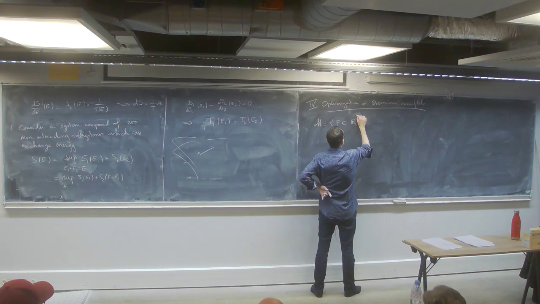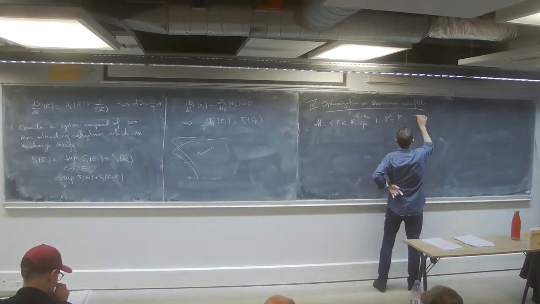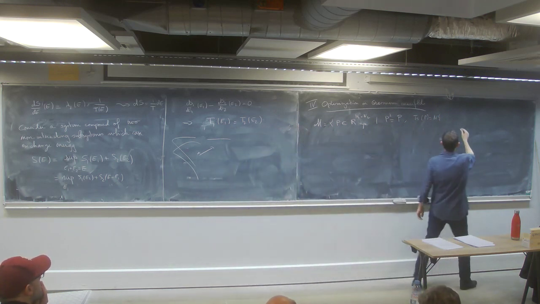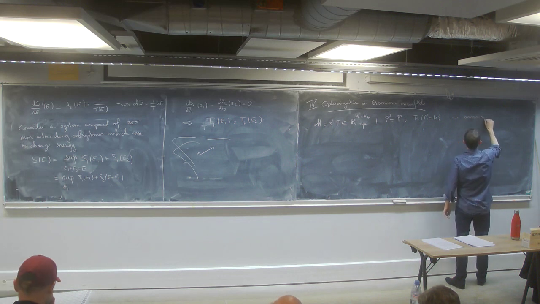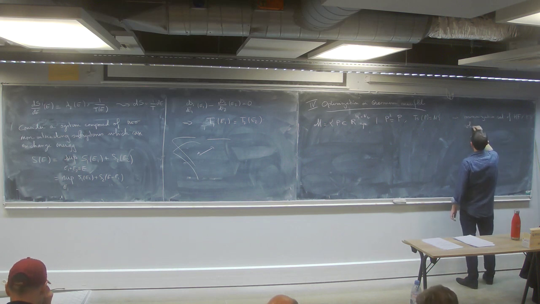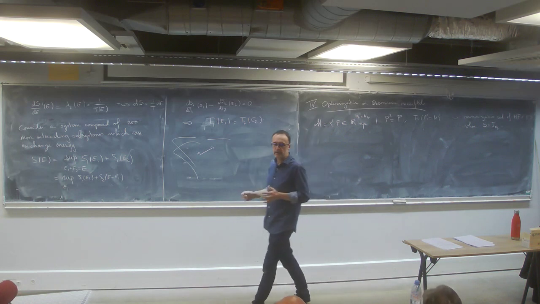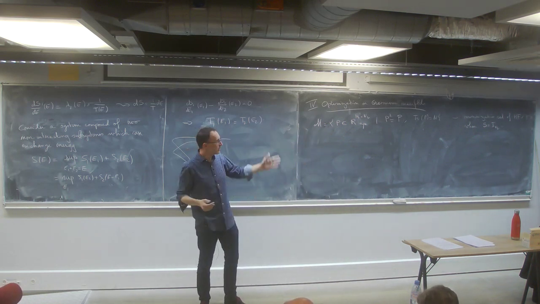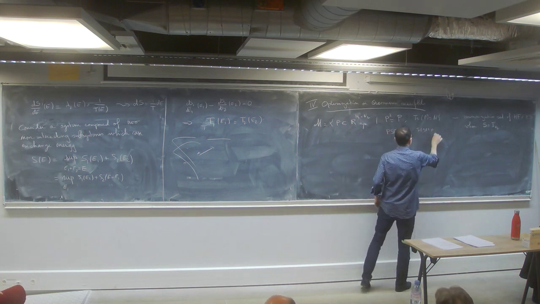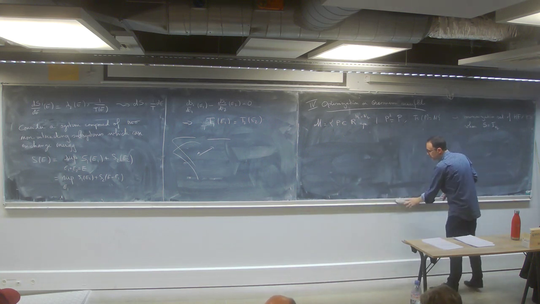This is what you get in the minimization set of Hartree-Fock or Kohn-Sham when the overlap matrix is equal to identity. If the overlap matrix is not equal to identity, you can always get back to that by change of variable, or you can study directly the manifold where you have PSP equal P and trace of SP equal N. It doesn't change anything about the geometry, just a small deformation. It's not a big deal. So just for simplicity, I assume the overlap matrix is identity.